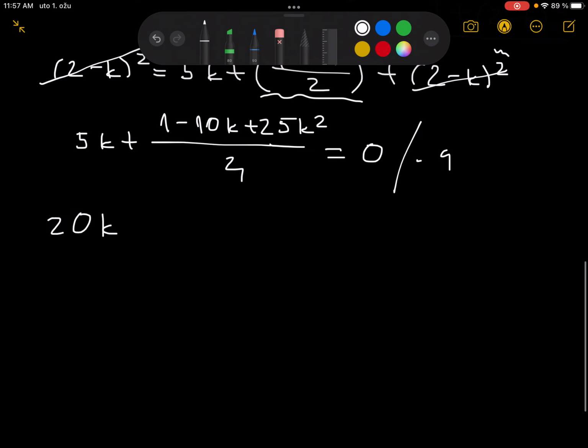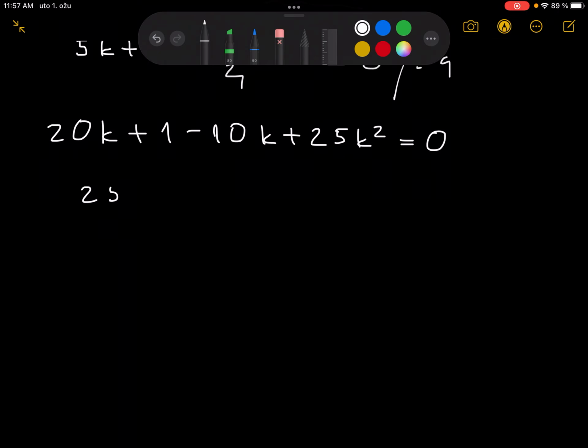That will give us 20k plus 1 minus 10k plus 25k squared is equal to 0, or 25k squared plus 10k plus 1 is equal to 0.